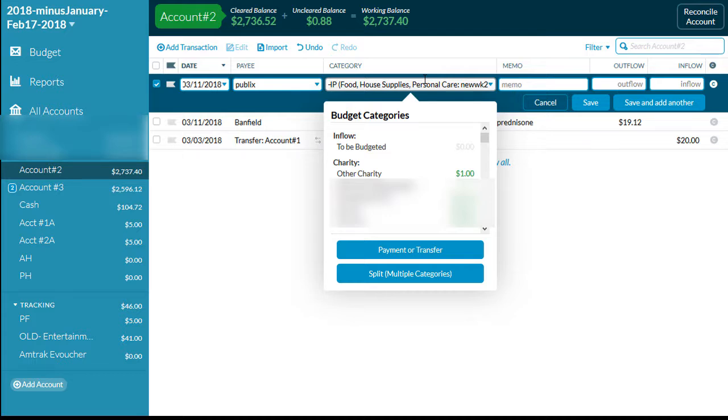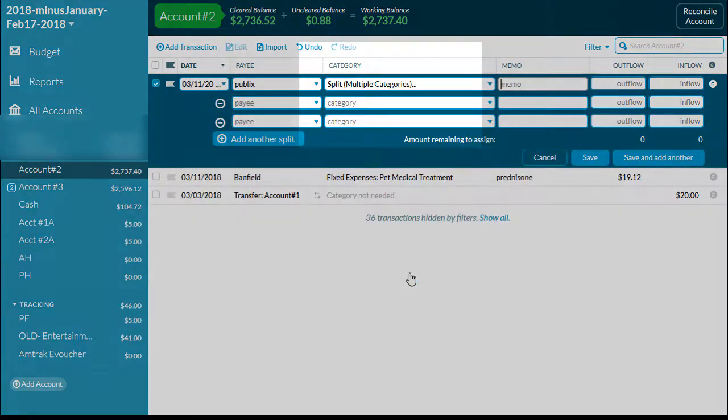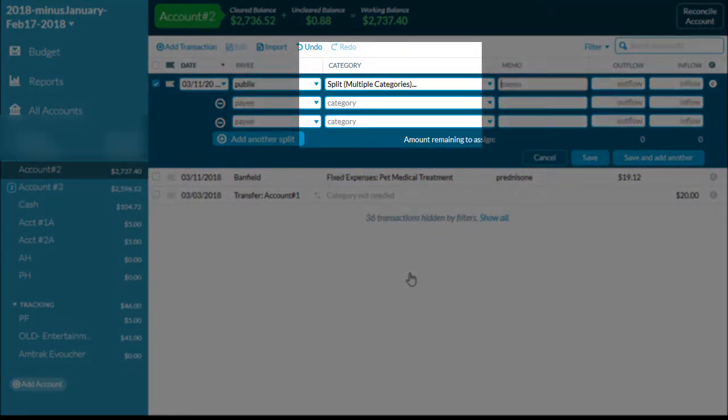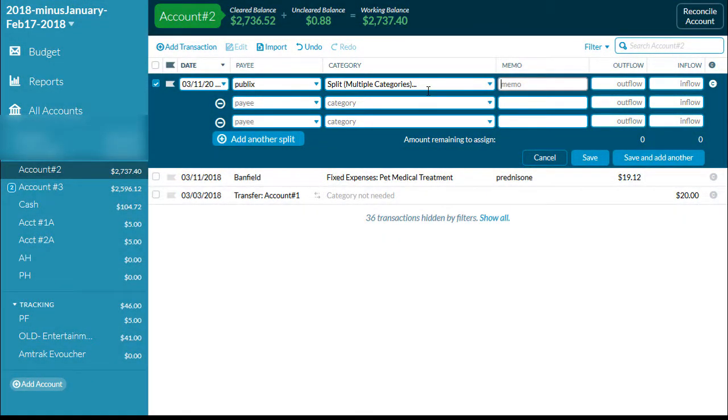So I'm going to put split. And notice that the category went away because it got replaced by split, because I'm going to assign it to different categories along with the amount for that category. Now the total that I spent at the grocery store was $17.99.